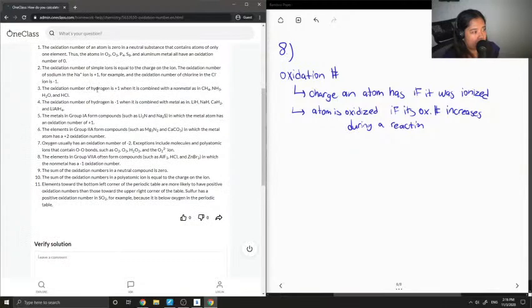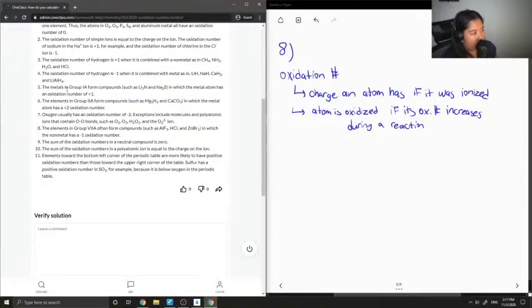The oxidation number of hydrogen is +1 when it's combined with a nonmetal. So when it's with carbon, nitrogen, or oxygen, it has a +1 oxidation number. But when hydrogen is combined with a metal, so when it's in a hydride, then it has a -1 oxidation number.